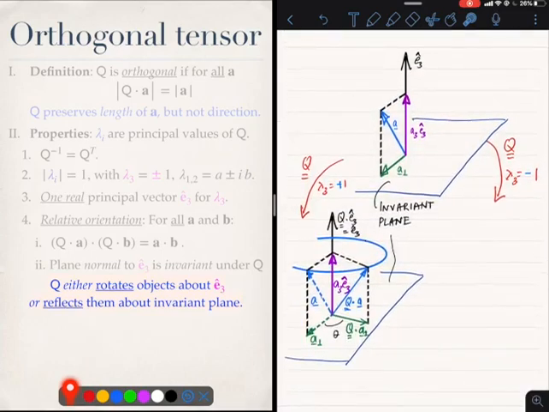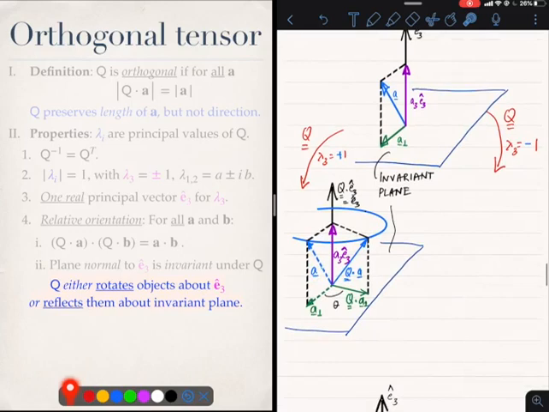So therefore, this vector A produces QA, which appears to be a rotation about E3. Okay, so let's write this down. This is rotation about E3, right? So this is lambda 3 equal to plus 1 case.